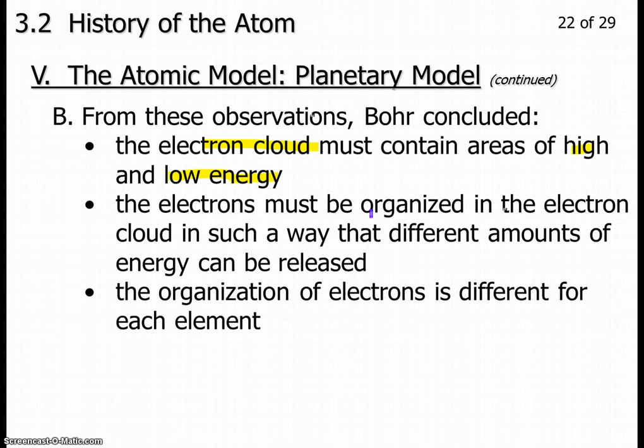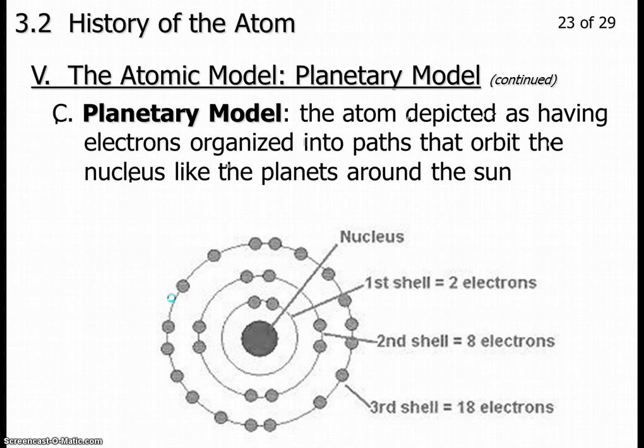So he concluded that the electrons are organized in some way, and he called them energy levels because they release different amounts of energy. And he said that the organization of these electrons into energy levels is different for each element, which explains why each element has a distinct pattern. So his planetary model is depicted as electrons organized around the central nucleus, much like planets around the sun.